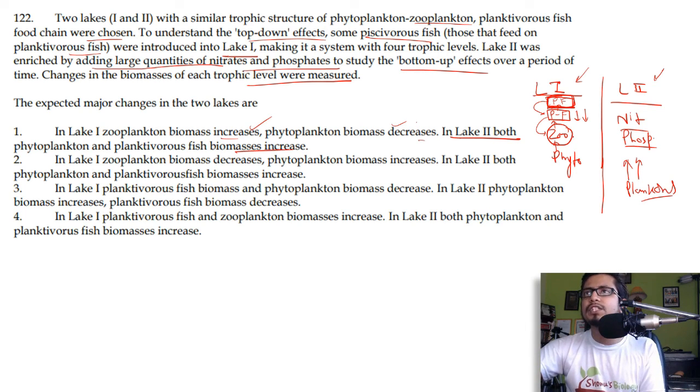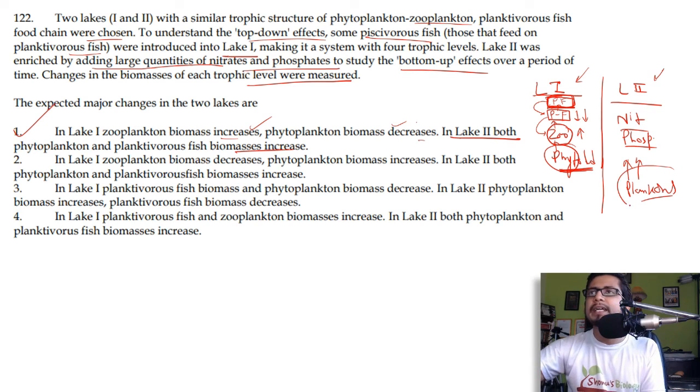This piscivorous fish eats this planktivorous fish, so as the planktivorous fish population goes down, the zooplankton goes up. As zooplankton goes up, phytoplankton population goes down. So decrease in phytoplankton population, decrease in planktivorous fish.